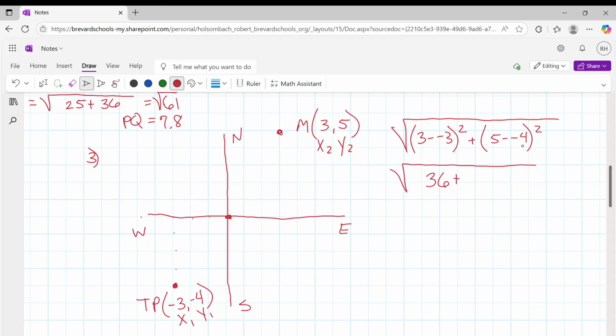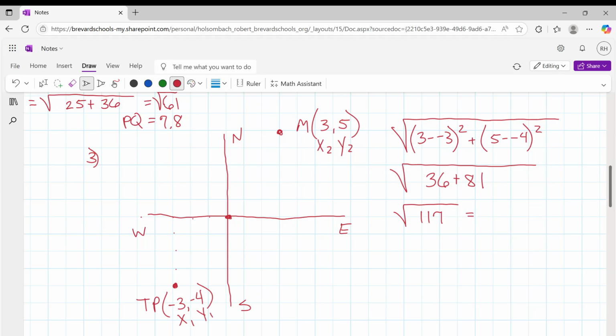Anybody? 5 minus -4 is 9, and 9 squared is 81. Good. All right, so now we get the square root of 36 plus 81, 117.